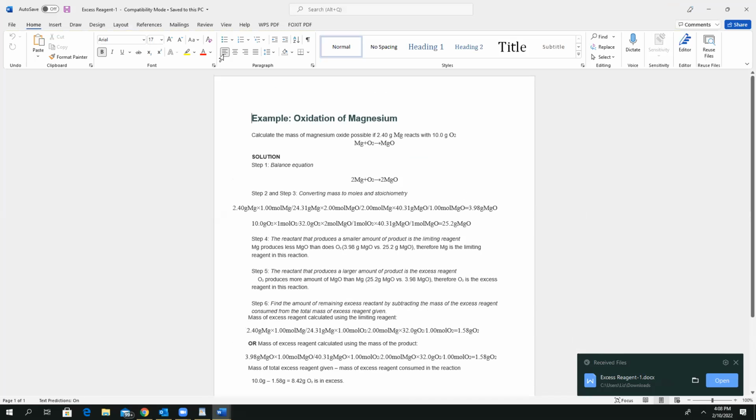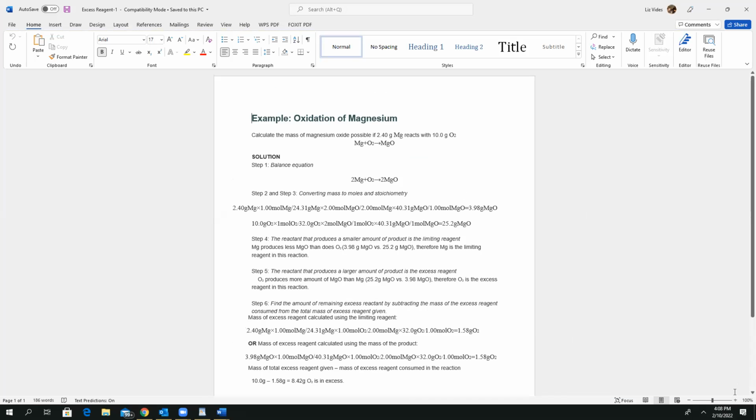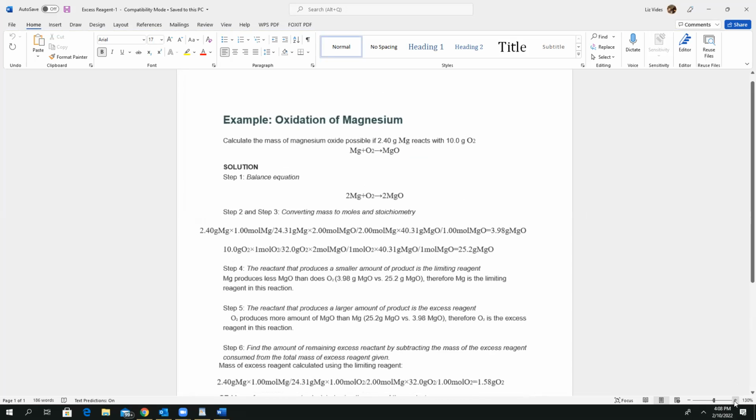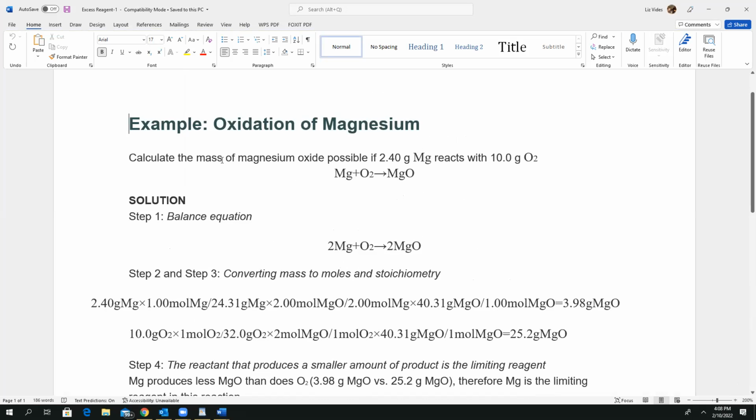So we're going to do this sheet right here, and we're going to calculate it just like it says. All right, so notice it says calculate the mass of magnesium oxide possible if 24 grams magnesium reacts with 10 grams of oxygen. Here are your steps. Step 1, balance your equation. Step 2 and 3, convert mass to moles and do the stoichiometry.